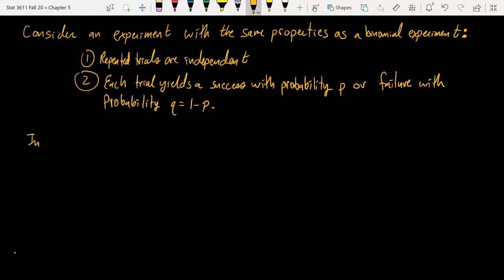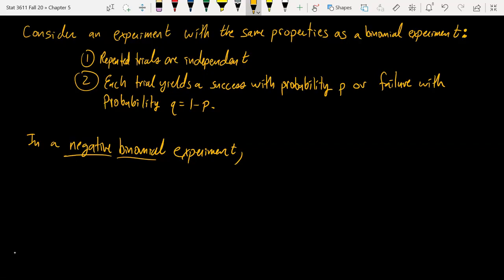In a negative binomial experiment, though, what is different here? In a negative binomial experiment, we don't fix the number of trials, but we fix the number of successes we want to get.